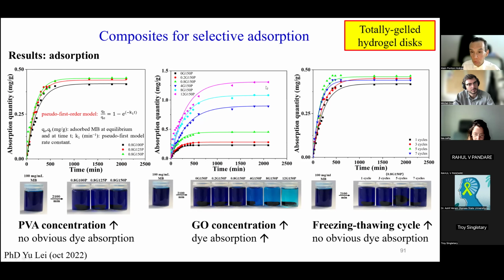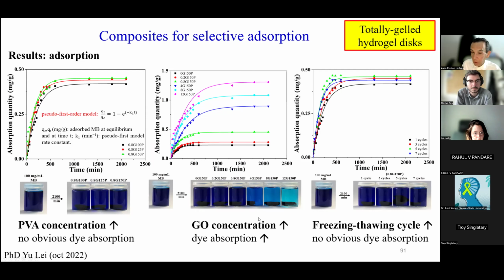So you can deduce the value of absorption in stationary condition and the kinetics of absorption by the slope of this curve. And you can see, if you compare here the effect of graphene oxide and the effect of the number of cycles, which is the parameter to modulate the rigidity of the polymer matrix, the increase of absorption is more important by increasing the graphene oxide concentration.